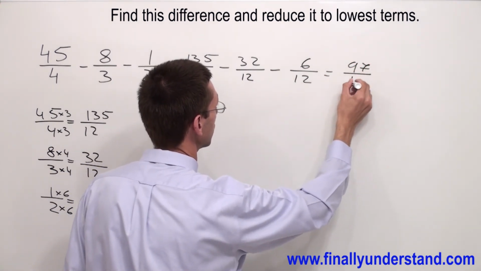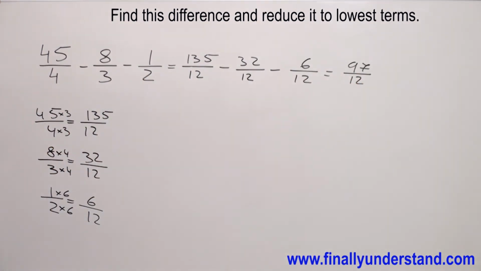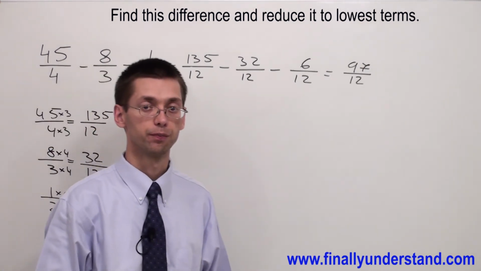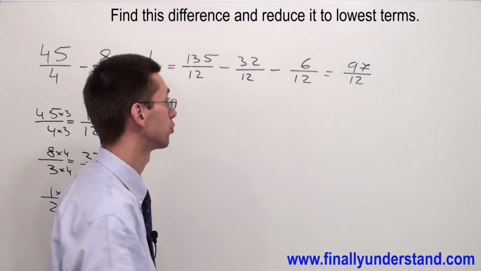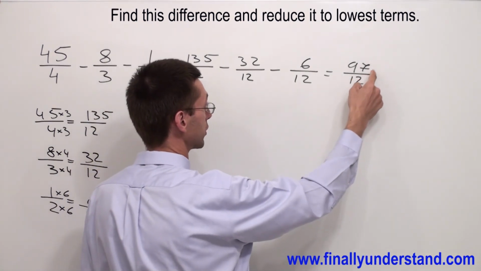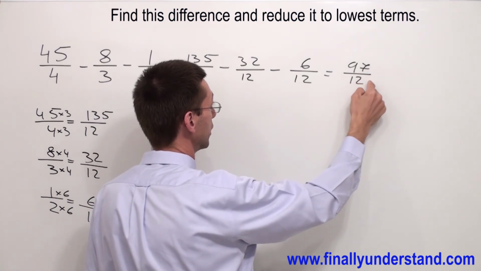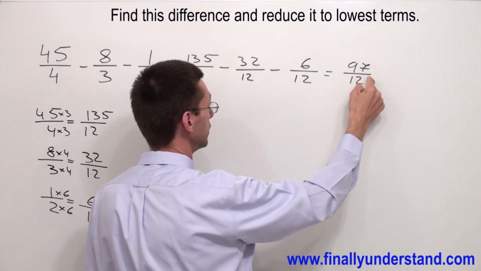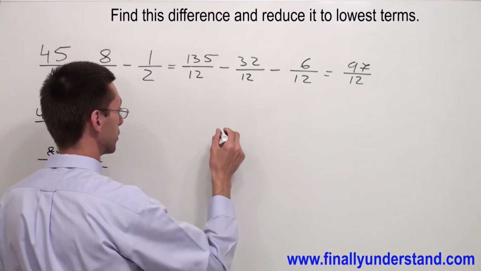97 over 12. Now, this is an example of an improper fraction. Okay? Before we convert the improper fraction to a mixed number, check if we can reduce this fraction. As you can see, we do not have any common factor for the numerator and the denominator. That's why I'm going to perform just the division.